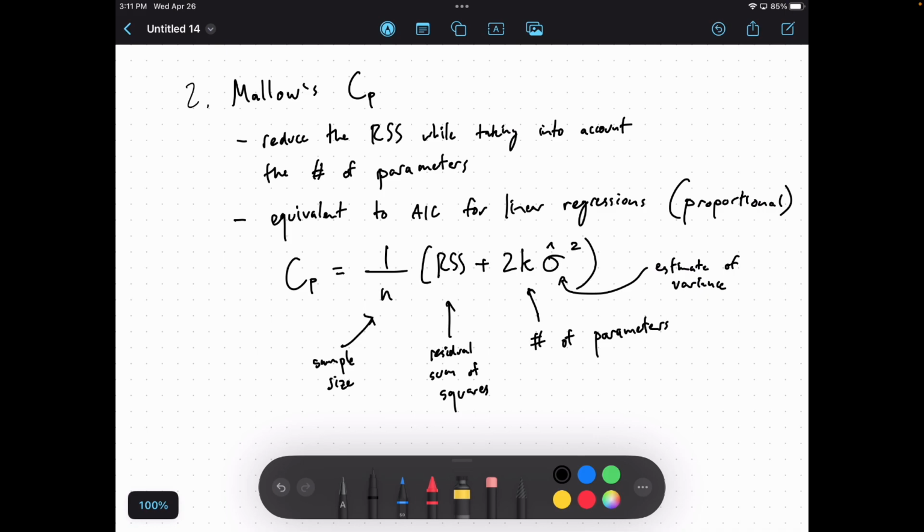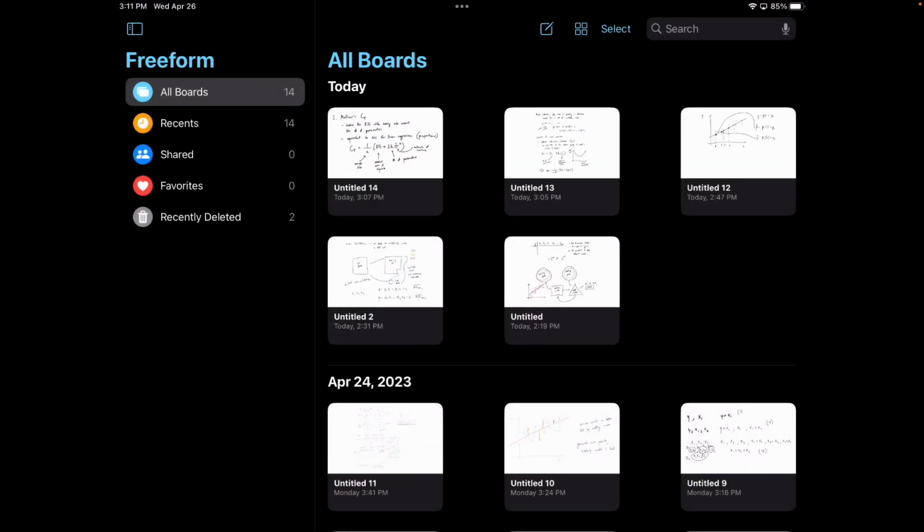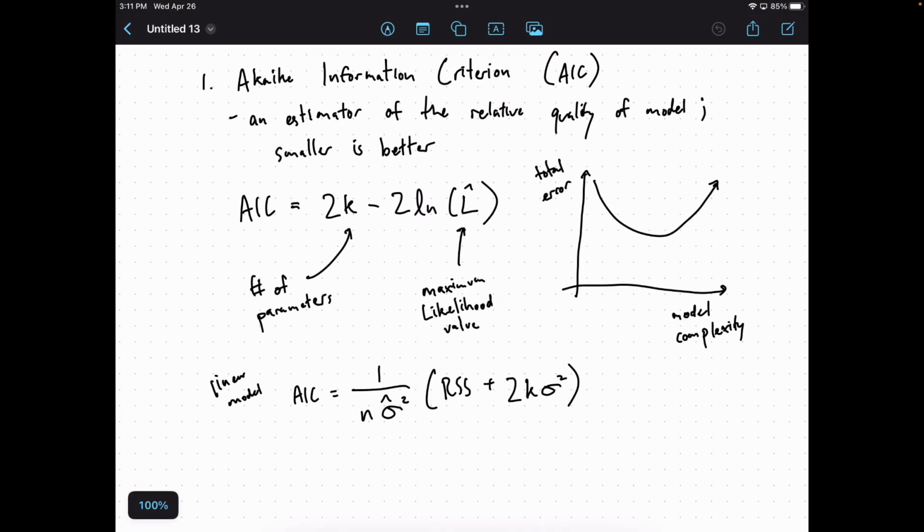But in the AIC formula it was in the denominator. It's in both the numerator and the denominator. Oh, okay. Yeah, let me jump back. Here, you can see it's both here and here.